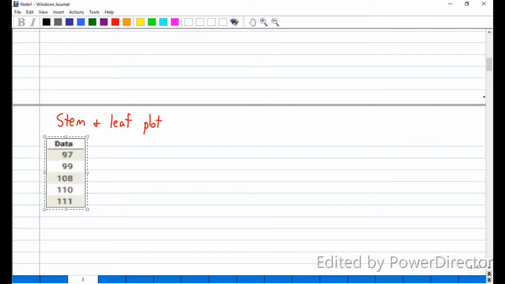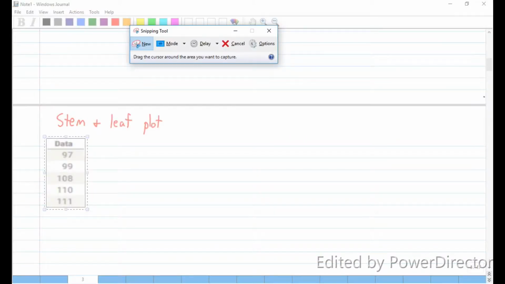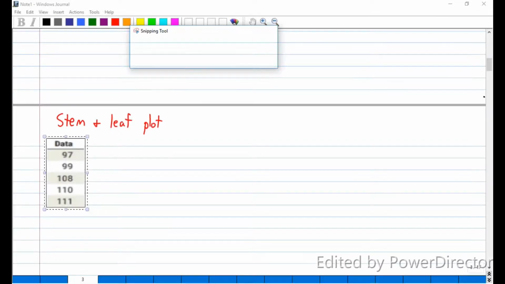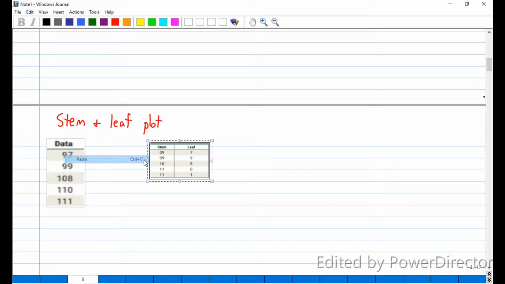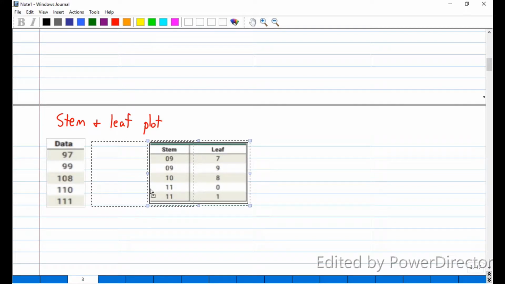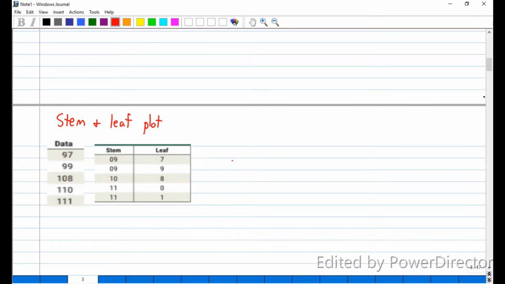But the way that you would make this into a stem and leaf form would be to separate the first value and the second value into a table like this. Again, for a small amount of data items, it wouldn't make sense to make a stem and leaf plot really.